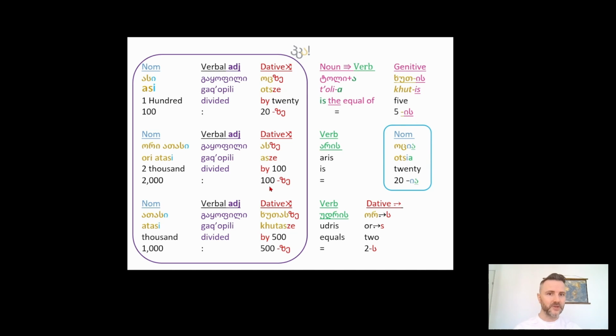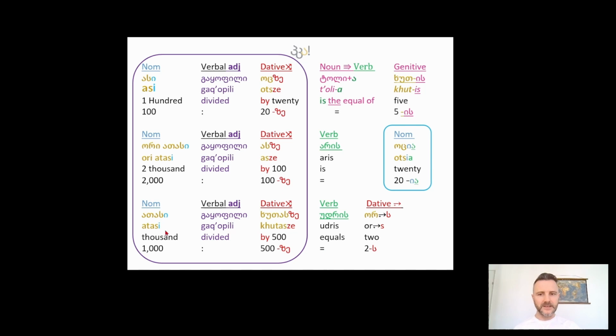Here we've got another equation. 2000 divided by 100 equals 20. Ori atasi gaq'opeli ase aris otsi. Here our verb, of course, can be used in the short form. Ori atasi gaq'opili ase otsia. Otsia is 20. Here we've got a dative outcome.